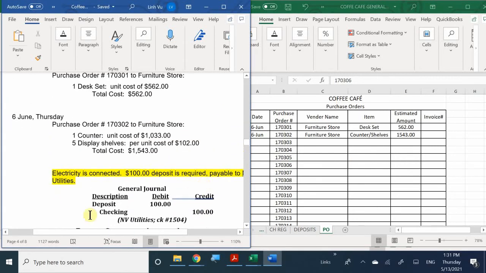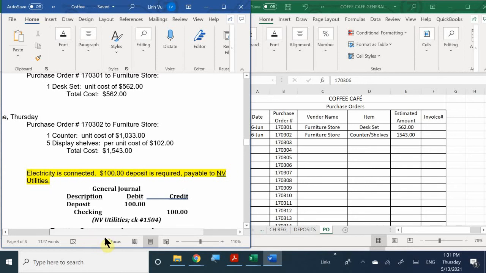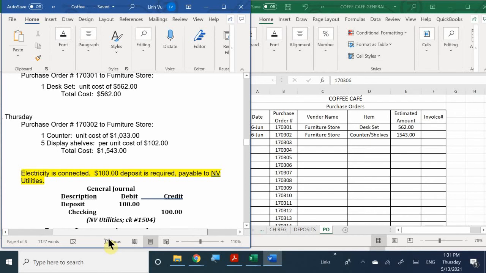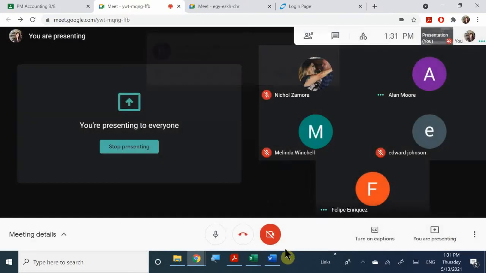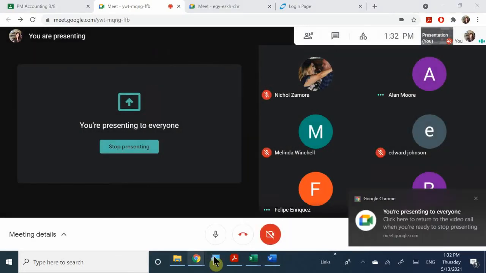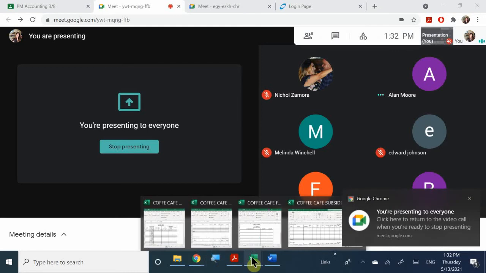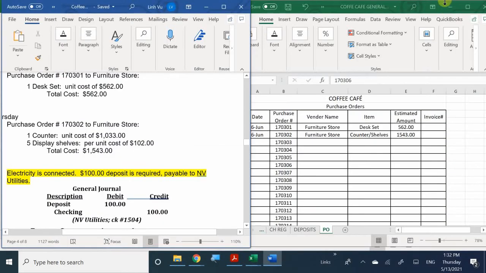In this case, in order to turn on the electricity, as we requested, they asked us that they want a $100 deposit for the electricity to turn on.